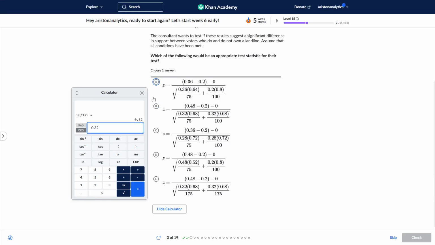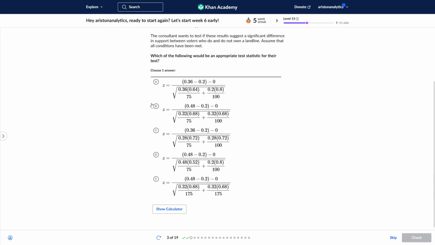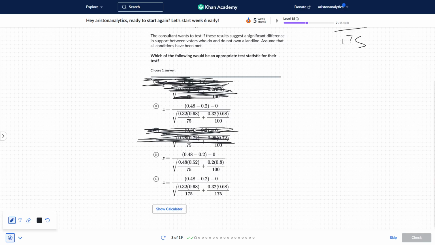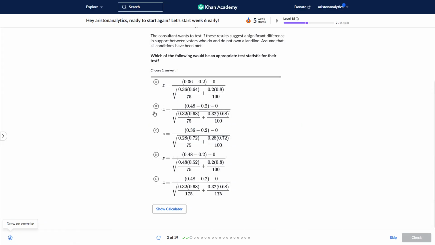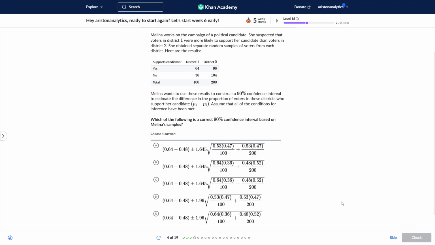N1, N2. I think it'd be this then. B. Let's try it. If I get it wrong, it's fine.